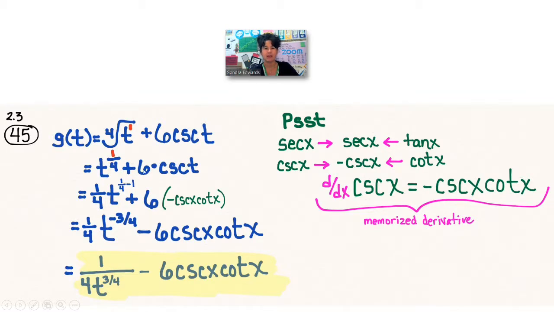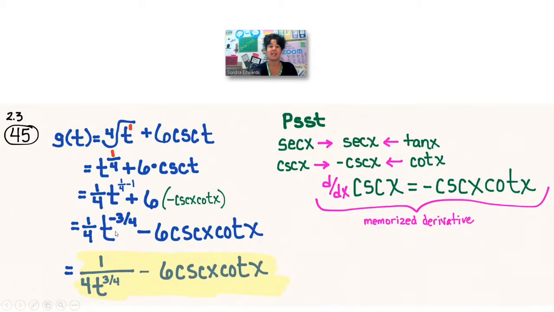Here, 6 times the cosecant of t. So 6 is a constant multiplier, and the derivative of cosecant, okay, coming over here to our little device, the derivative of cosecant is negative cosecant times cotangent. So that was replaced with negative cosecant cotangent, making it minus 6 cosecant of x cotangent of x.